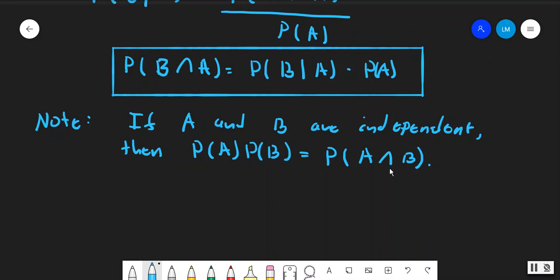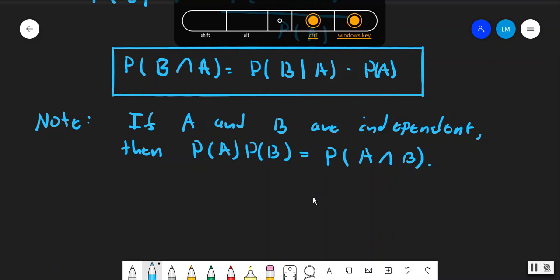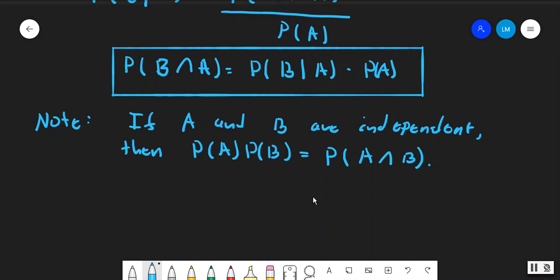That's kind of interesting, because all you would do to find the intersection is multiply them through. One way we can look at this is to consider another example.